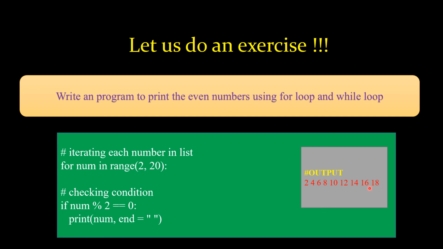Likewise, up to 18 the values will get printed. You can also get an input from the user, and we can also use while loops. There are a number of ways we can write this example. Here I have given one example.